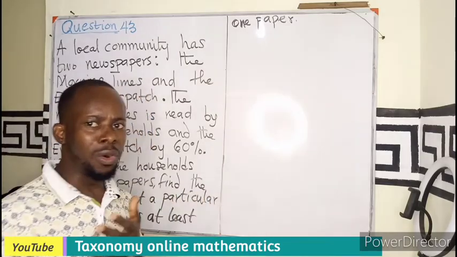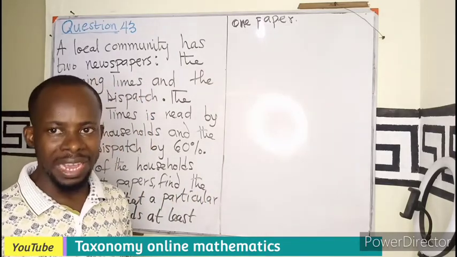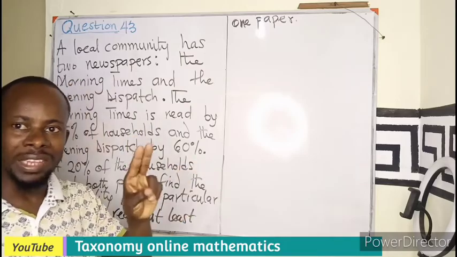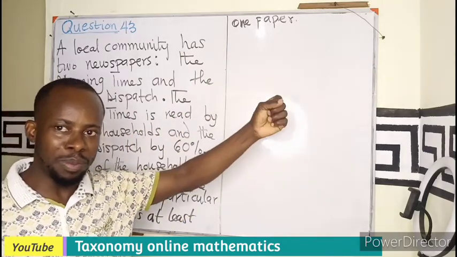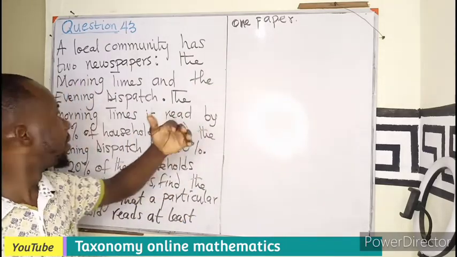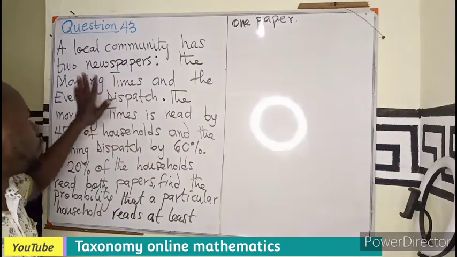So we can borrow the idea from the Venn diagram. We are seeing that there are two sets here, the set of Evening Dispatch and that of Morning Time.